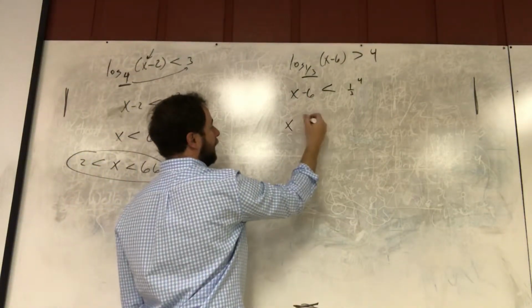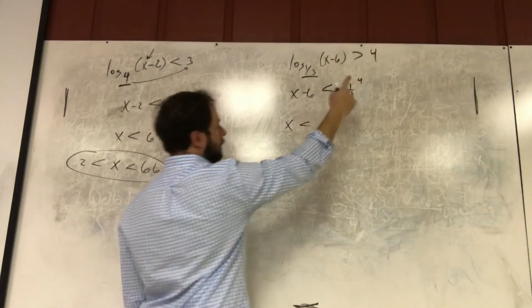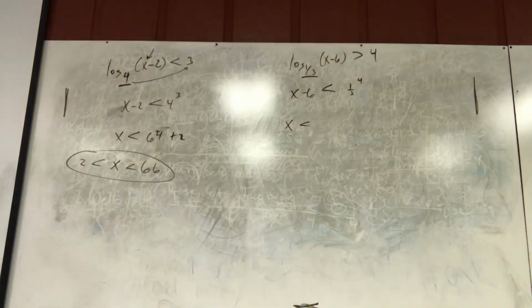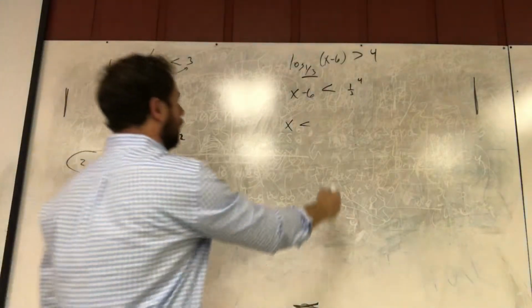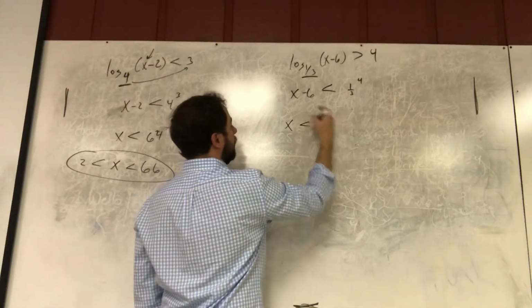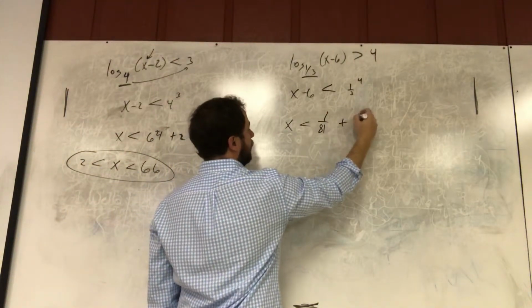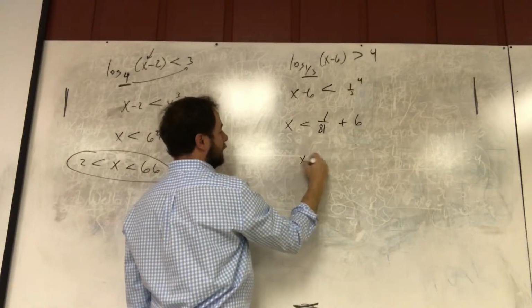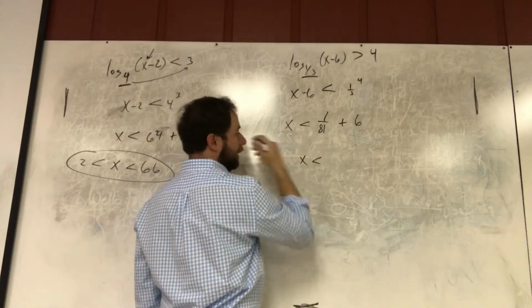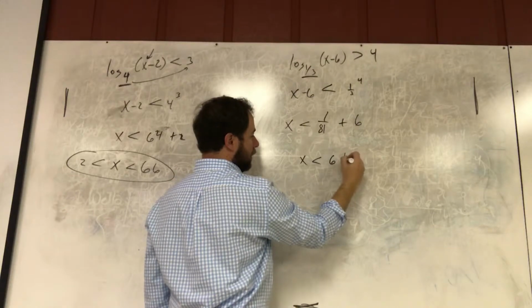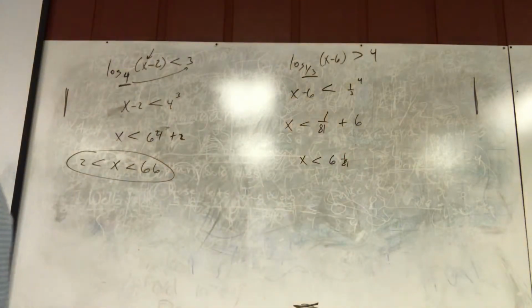So we have x is less than 1/3 to the 4th power, which is going to be 1/81. And then bring the 6 over, you add plus 6. So x is less than 6 and 1/81.